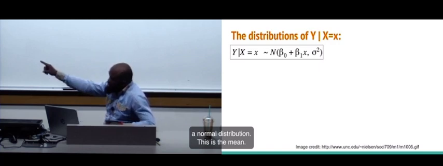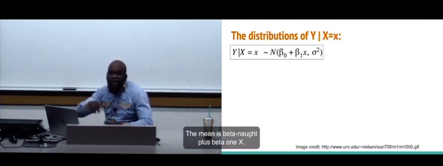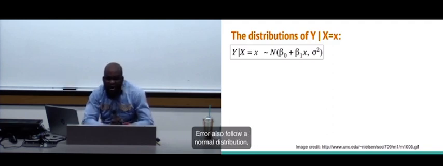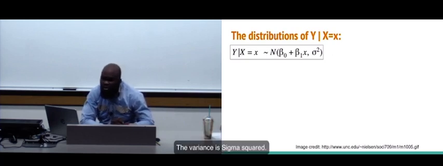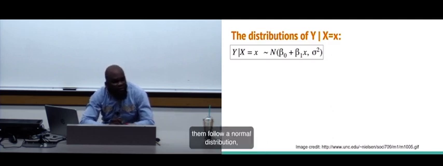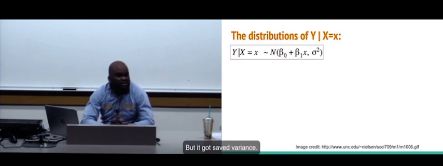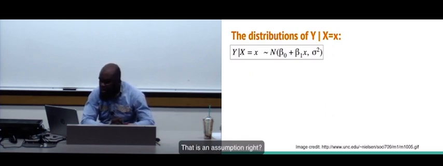The mean is beta naught plus beta 1 x, and the variance is sigma squared. Error also follows a normal distribution, but the mean of error is 0 and the variance is sigma squared. Take a look at it. The two of them follow normal distributions, only that they have different means, but they have the same variance. That is an assumption, right?